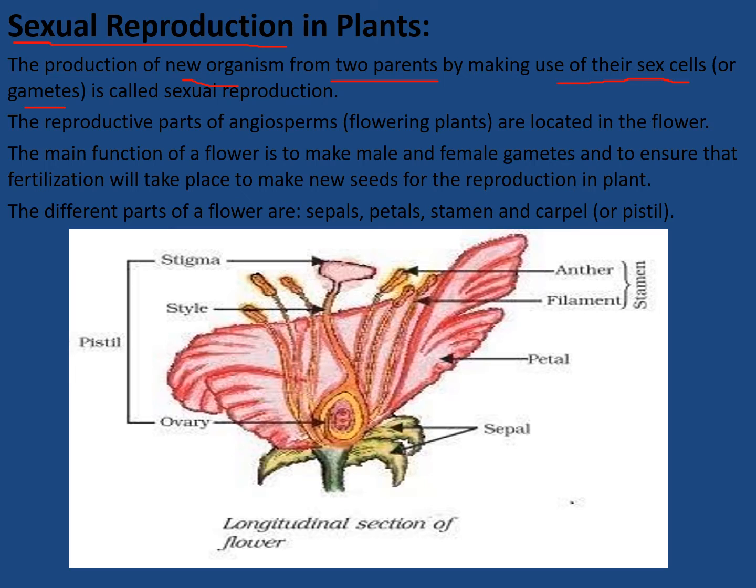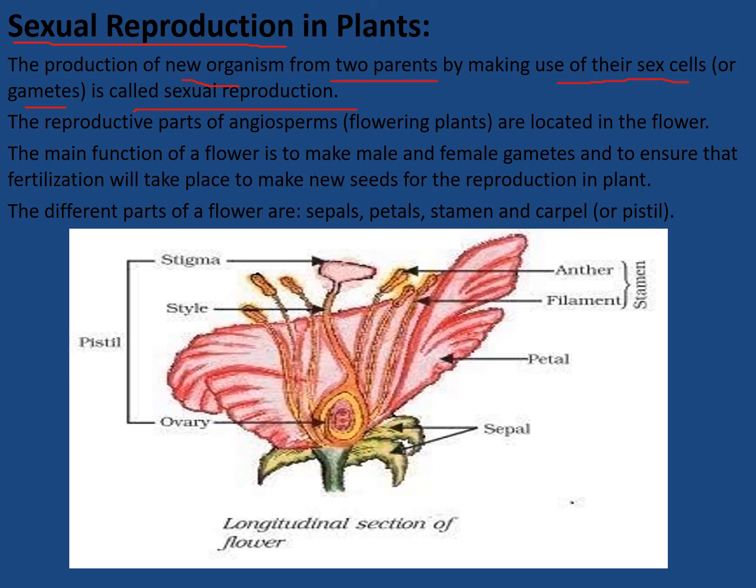A sex cell is nothing but a gamete. This is called sexual reproduction. It requires two organisms, one is the male, another one is the female, right? The male produces the male gametes, and the female produces the female gametes, right?